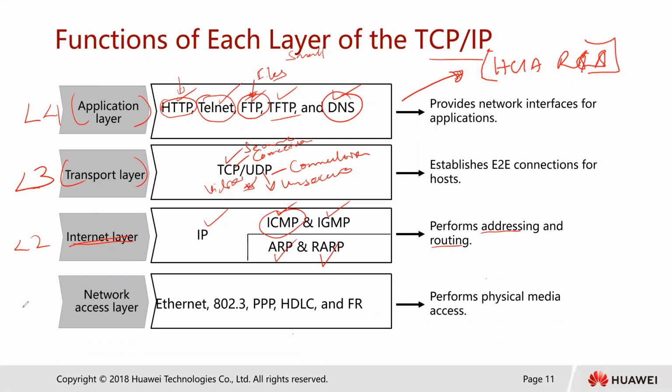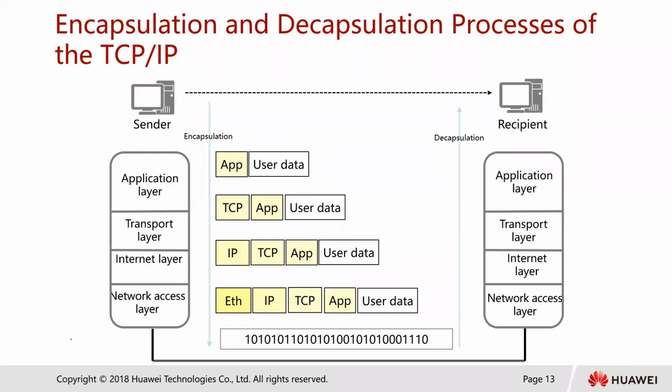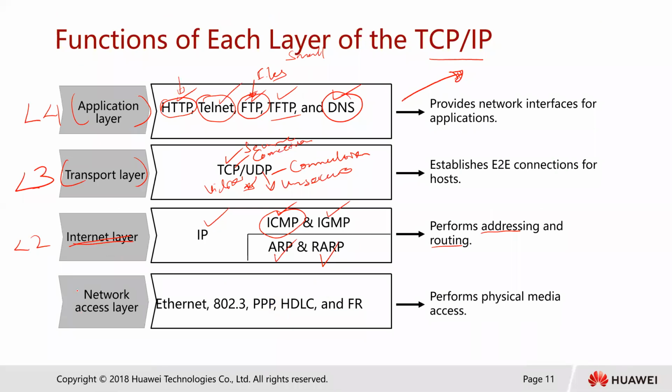And then lastly, our layer 1, the network access layer in our TCP/IP protocol, and we have our Ethernet, different standards of Ethernet, 802.3, our PPP, HDLC, and FR.